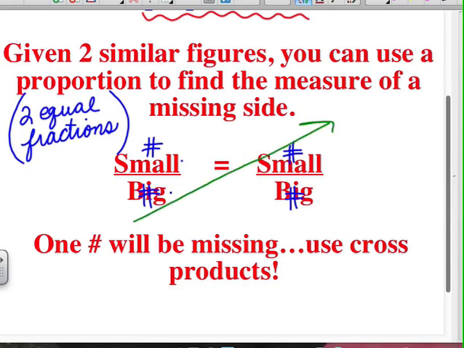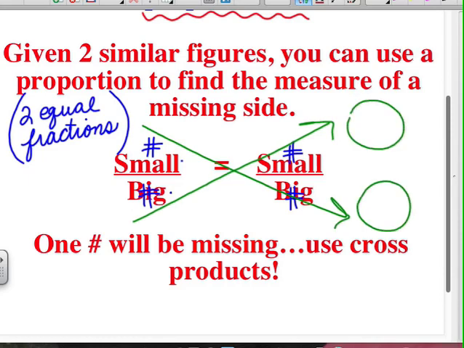It's when you multiply diagonally this way, and you get these two answers, and this answer should be equal to each other. If they're not, then you do not have similar figures. Okay?